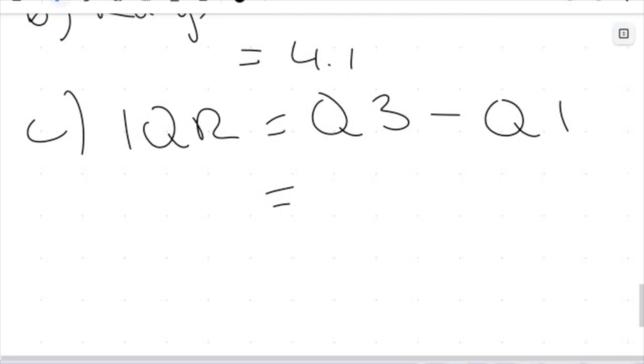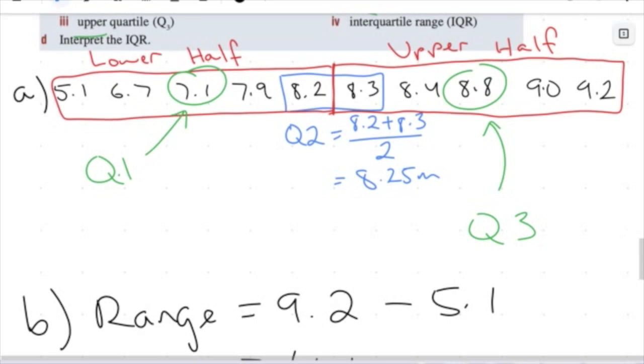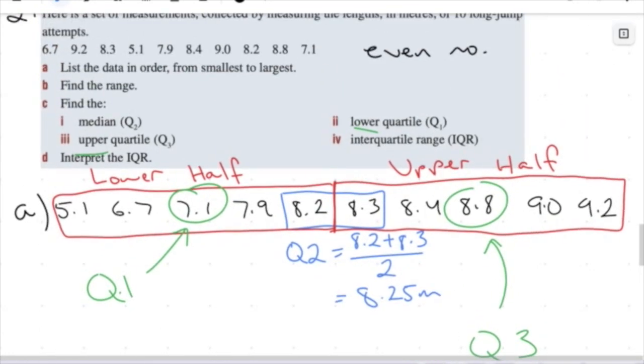And once we do this, that gives us 1.7 meters.